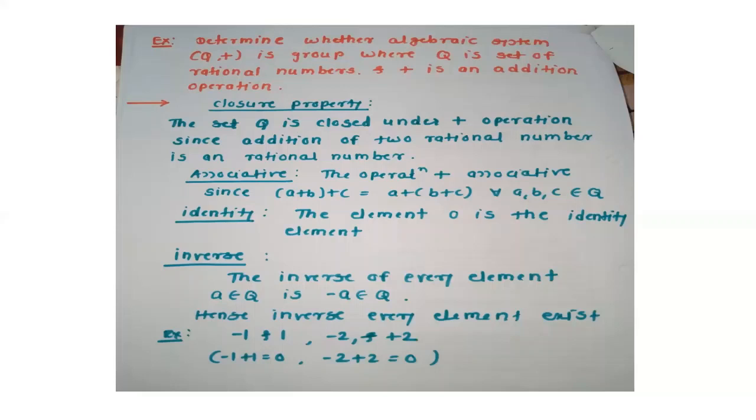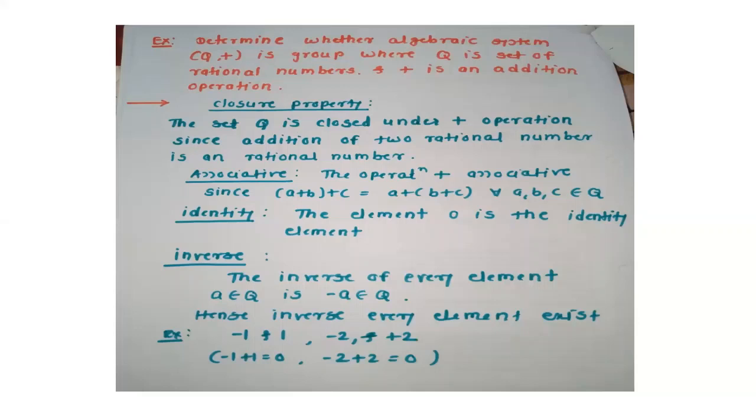Then inverse of every element, that is, for A belonging to Q, is minus A also belonging to Q? As we know, the rational numbers always contain positive and negative numbers. So whenever there is a plus one, minus one is also there, right?